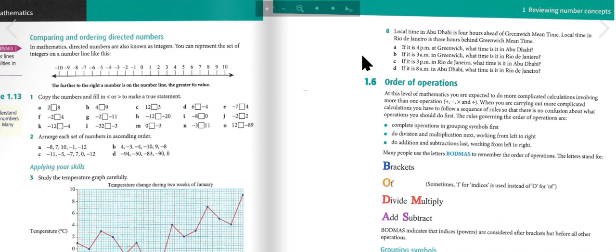If it's 3 p.m. in Rio de Janeiro, what time is it in Abu Dhabi? So if it's 3 p.m. in Rio de Janeiro, it is 8 a.m. in Abu Dhabi. If it is 8 a.m. in Abu Dhabi, it would be 3 p.m. in Rio de Janeiro. So that's it in lesson 1.5.